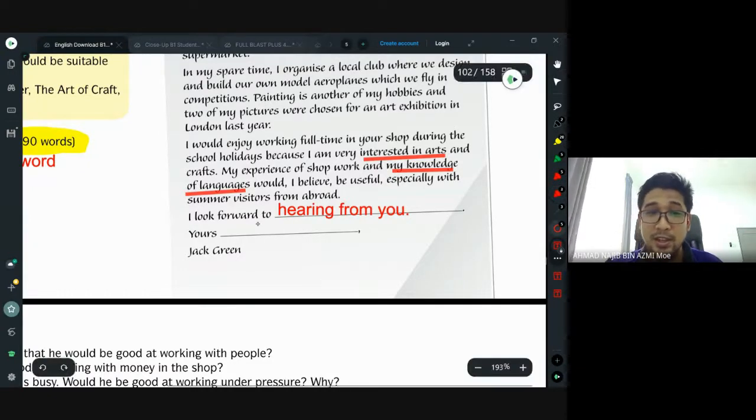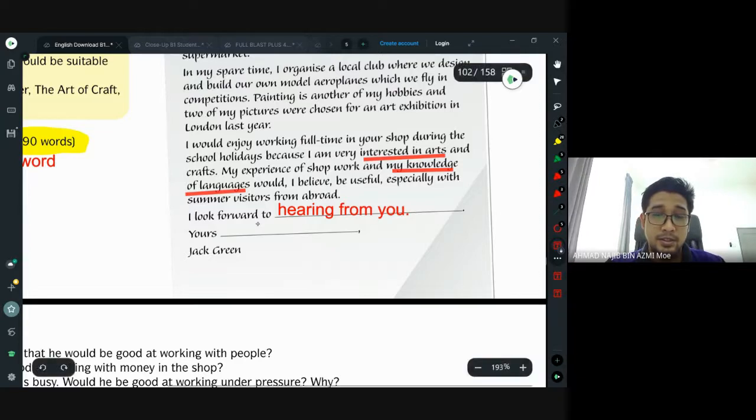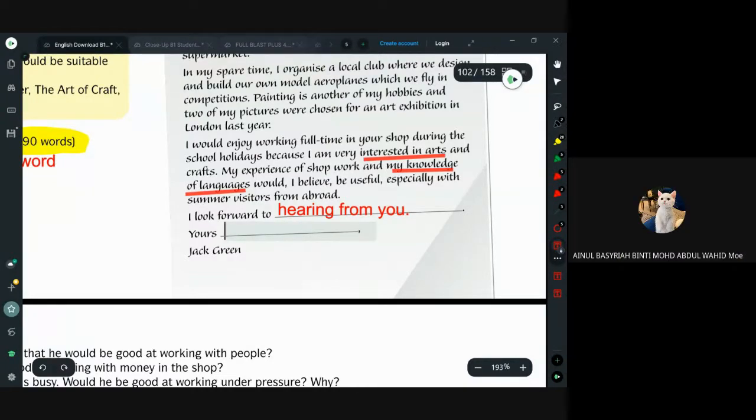Yours, yours apa dia? Is it yours truly? Yours sincerely? Yours faithfully? Which one should we use here? Again, look at the language bank. Faithfully. Right.